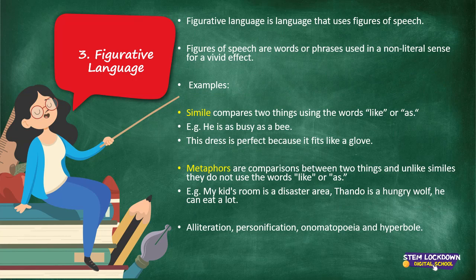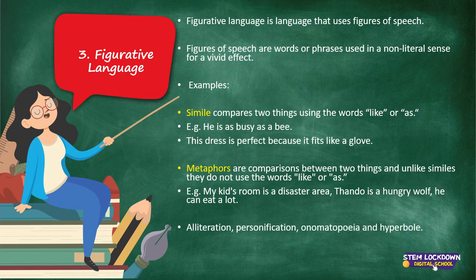Okay, so for example, we have a simile here. A simile compares two things using the words like or as. Another example is, he is as busy as a bee. So this person is being compared to a bee. Another example is, this dress is perfect because it fits like a glove.